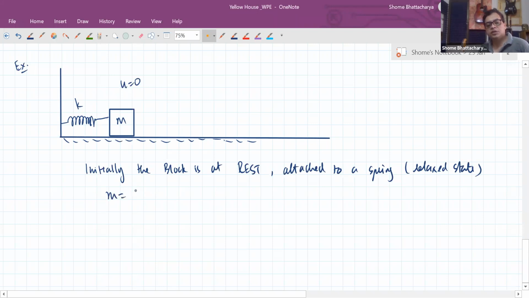The mass of the block is, suppose, given to us as 5 kilograms and the spring constant is given to us as 20 newtons per centimeter.